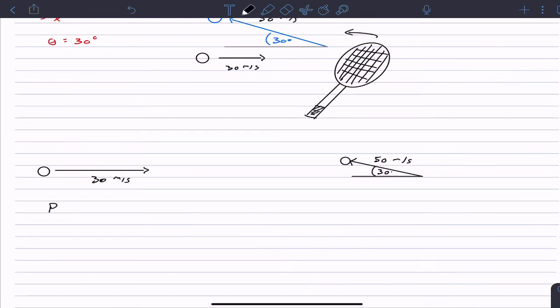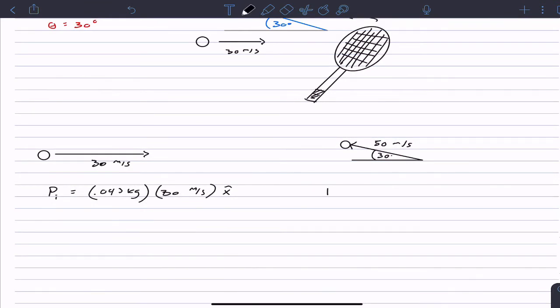So now momentum initial is mass, 0.043 kilograms, times 30 meters per second in the x-hat direction. Okay, momentum final is going to equal 0.043 kilograms times, well, we're going to have a negative x-hat direction, so it's going to be negative 50 meters per second cosine 30, which is square root of 3 over 2.